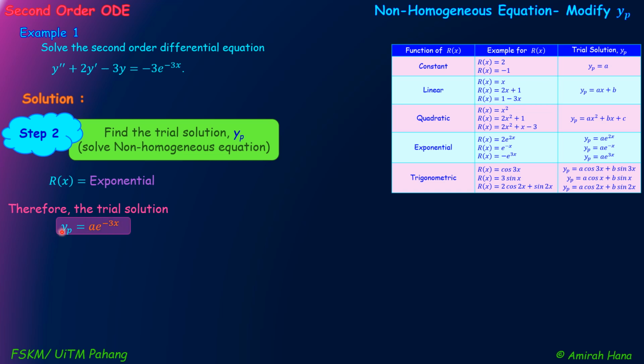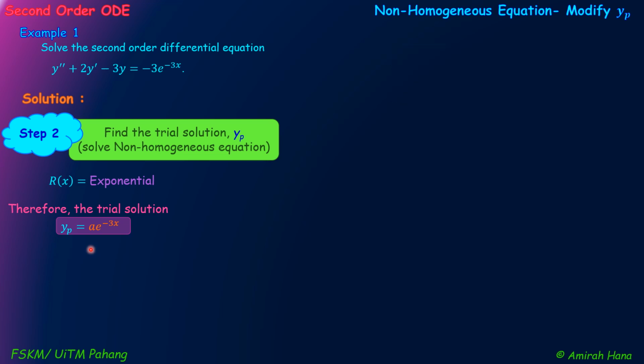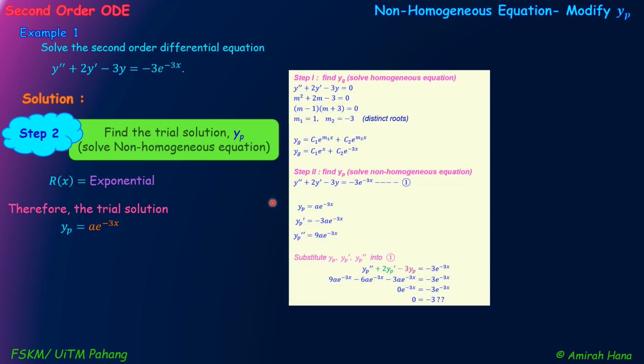This is our trial solution yp. Let's say we use this yp, which is a e to the power of -3x.